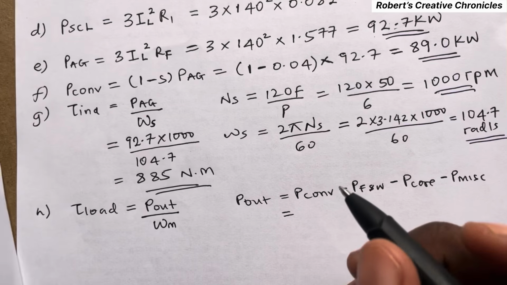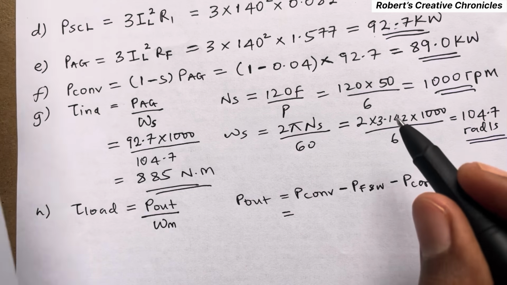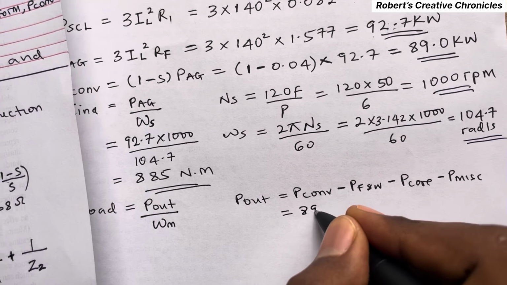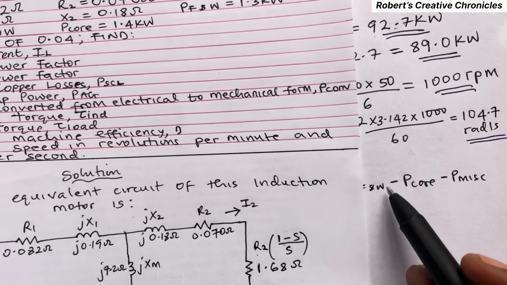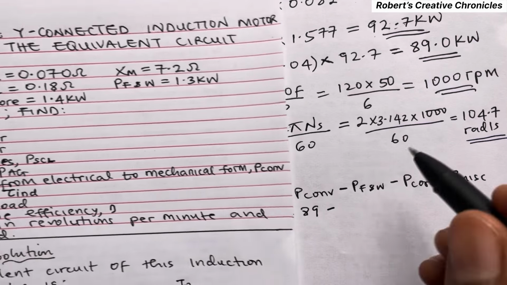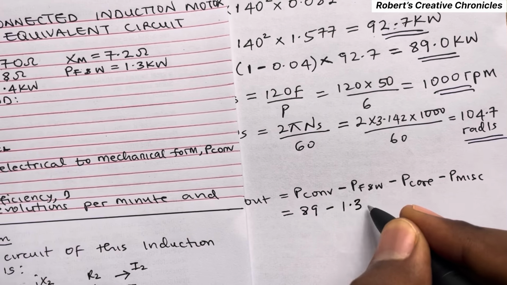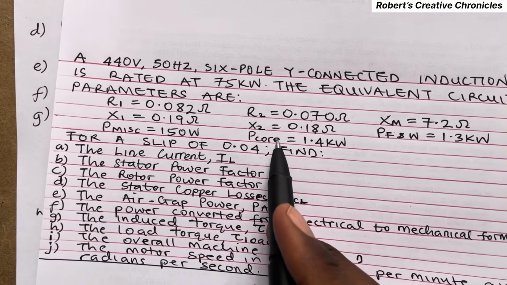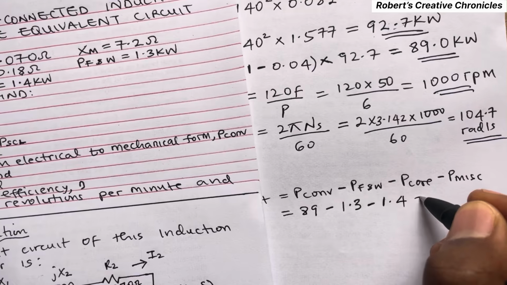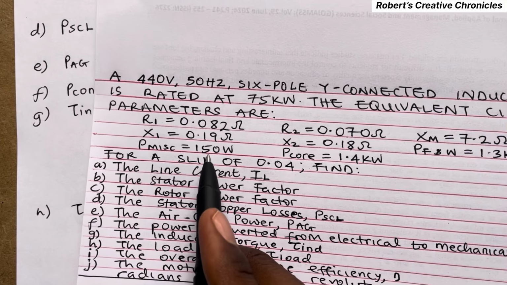So the converted power is what? Is 89 kilowatts, minus friction and windage loss, which is 1.3 kilowatt. The core losses is 1.4 kilowatt, and the miscellaneous losses is 150 watts.